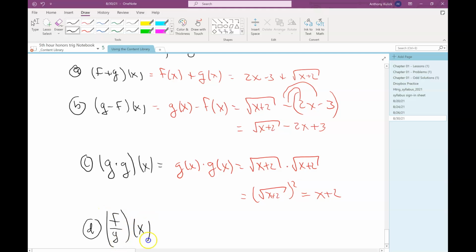Now let's do f divided by g of x. So that's going to be f of x divided by g of x, so that's 2x minus 3 over square root x plus 2. Any simplifying you guys want to do there?